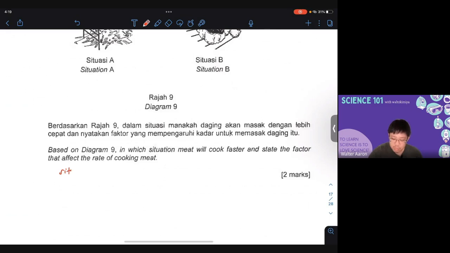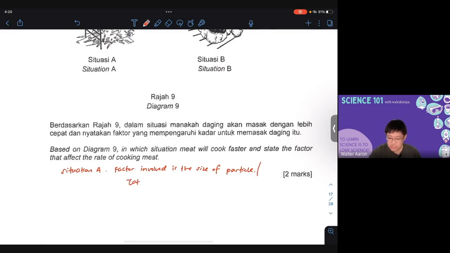Okay, situation A, the factor involved will be the size of particle or size of the meat. Also can actually. Or you can put here total surface area of meat.